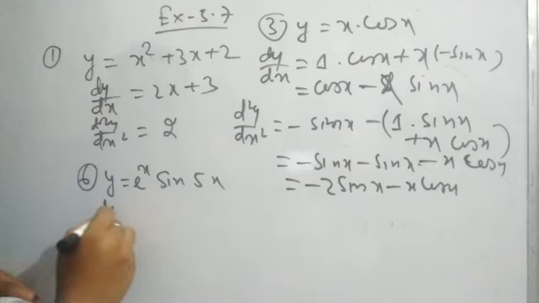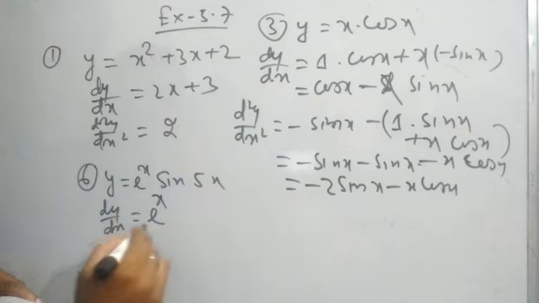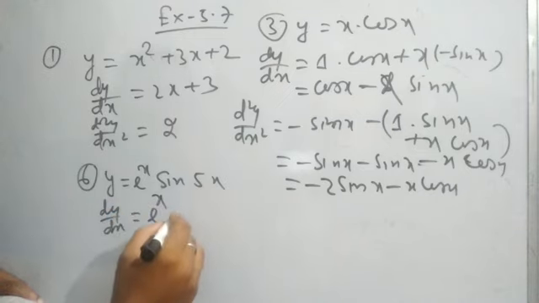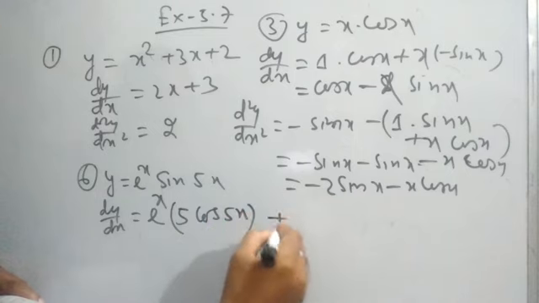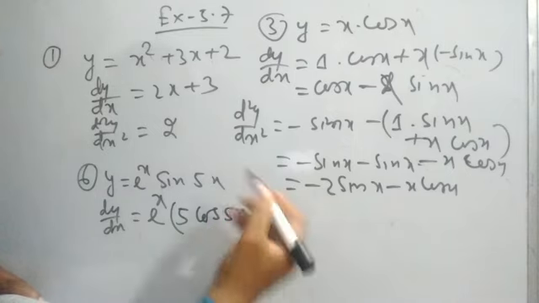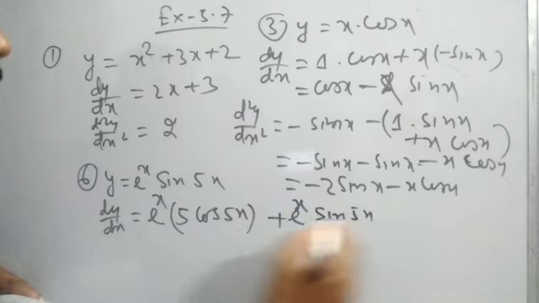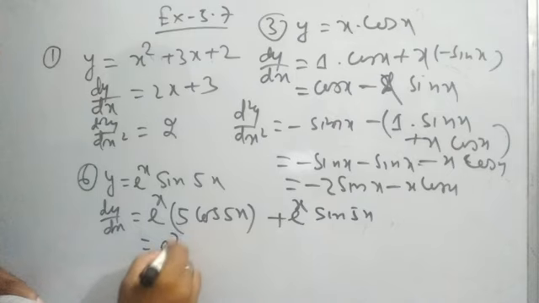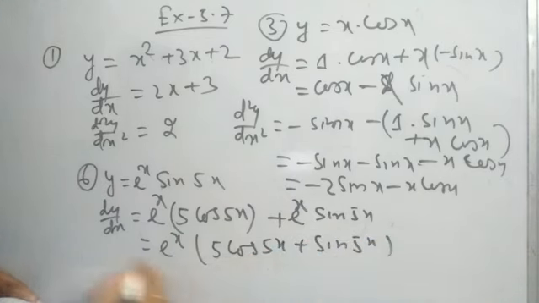So now dy by dx is equal to, by the product rule, e to the power x constant, sin 5x derivative is cos 5x into 5x derivative 5, that is 5 cos 5x, plus again e to the power x derivative, e to the power x, sin 5x constant. So we take e to the power x common, that is equal to e to the power x into 5 cos 5x plus sin 5x. Then d2y by dx2.